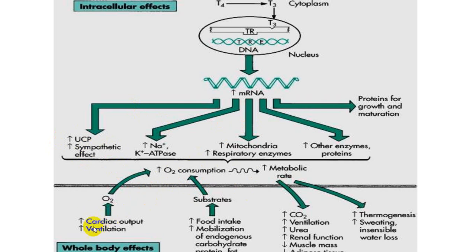On the heart, it will increase the cardiac output, and it will increase the ventilation, so respiratory rate will also be increased, and that will help in oxygen supply. By acting at the mitochondria level, oxygen consumption will be increased, and that will increase your body temperature and also your BMR. It will increase the food intake and mobilize the endogenous carbohydrate, protein and fat. So it has an effect on carbohydrate, protein and fat.